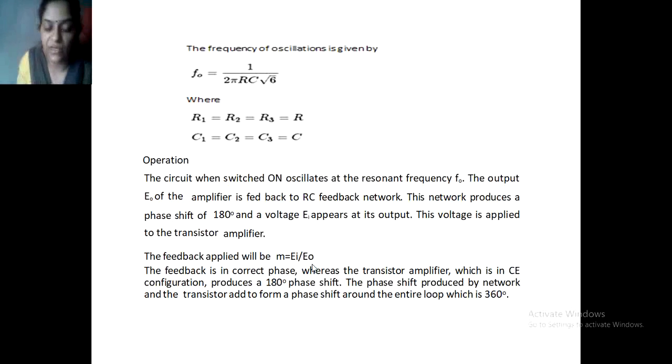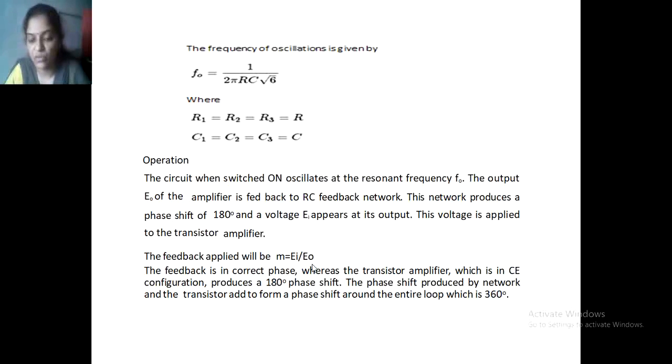So the feedback is in the correct phase, whereas the transistor amplifier, which is in common source configuration, produces a 180 degree phase shift.